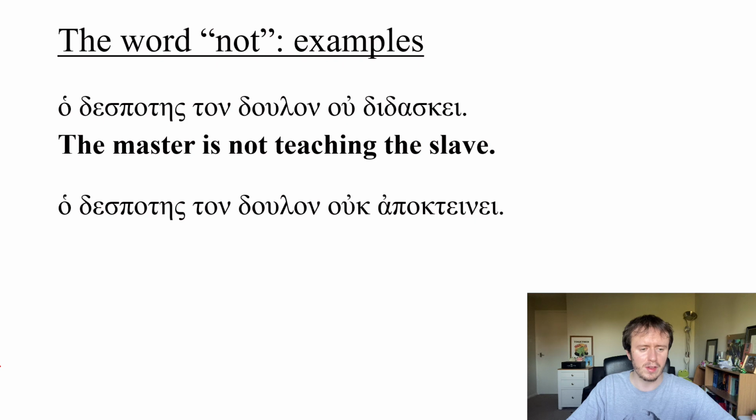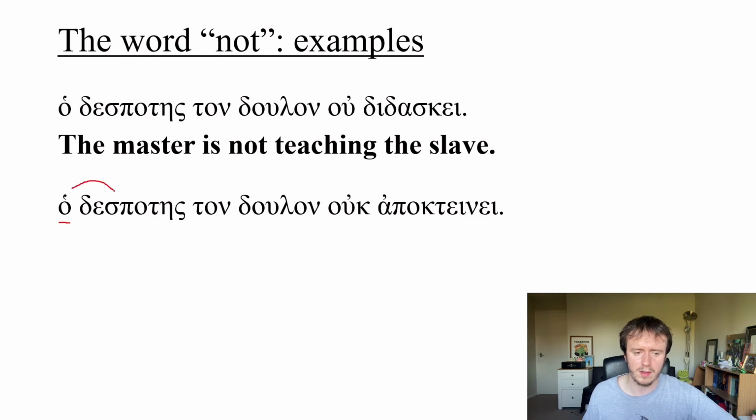Here is the sentence, "Ho despotes ton doulon ouk apokteine." Here, the master is once again the subject, which we know from the definite article. And here, at the end, we've got ouk apokteine. We know ouk is not, and apokteine is he, she, it kills or is killing. We know who that he is. We know it's the master, since we have the master in the nominative.